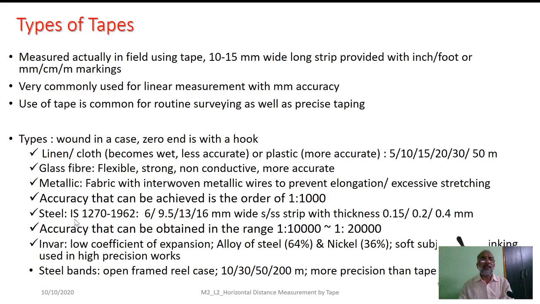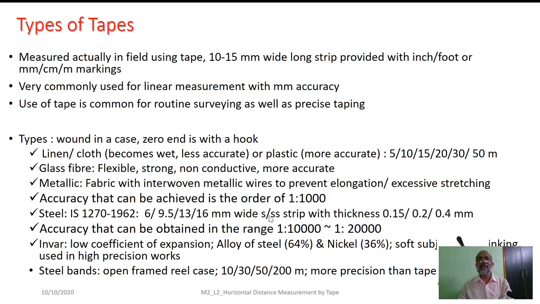Nowadays, use of steel tape is very common. As far as Indian conditions are concerned, that is standardized by IS code 1270/1962. There are a variety of steel tapes which may have 6, 9.5, 13, 16 mm width.